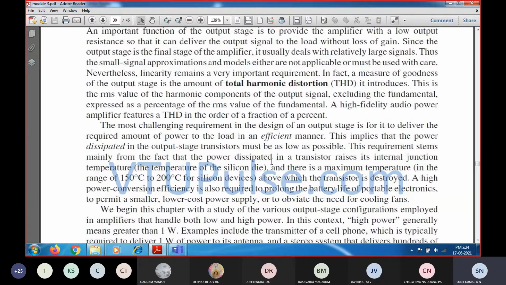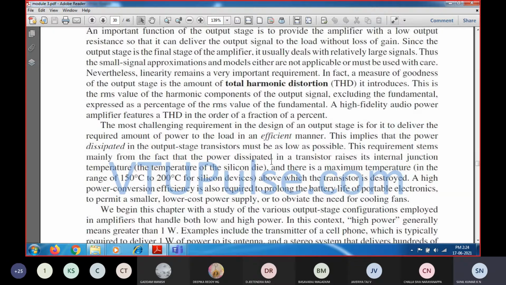We have seen the expressions for the ideal case, and for all the configurations.